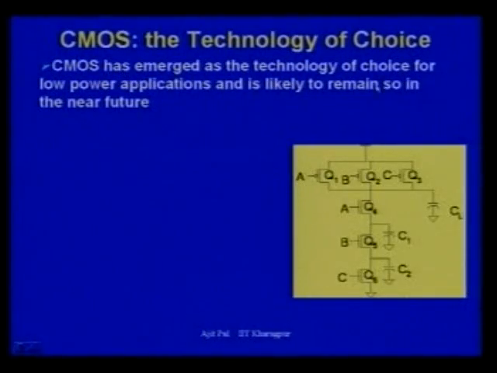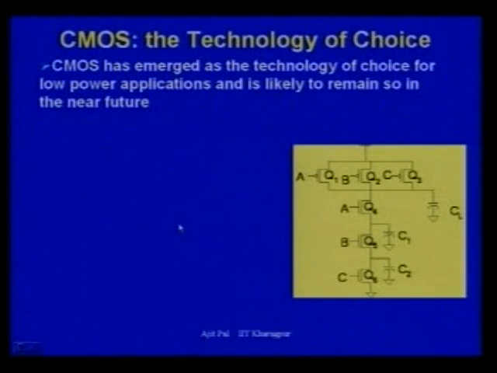Although other technologies are emerging, like various exotic techniques like optical computing and quantum computing, they are still in the research stage. So CMOS is the technology being used nowadays, and it will continue to be so in the foreseeable years. CMOS has emerged as the technology of choice for low power applications, and it is likely to remain so in the near future.